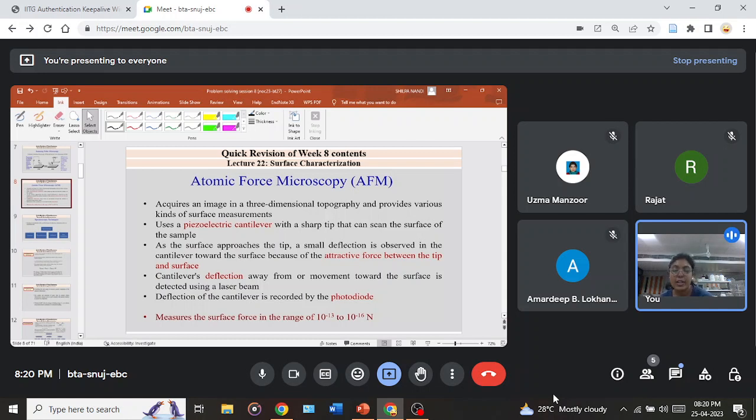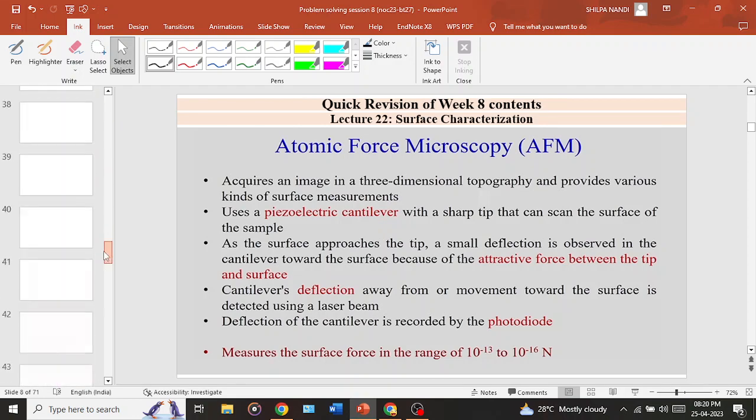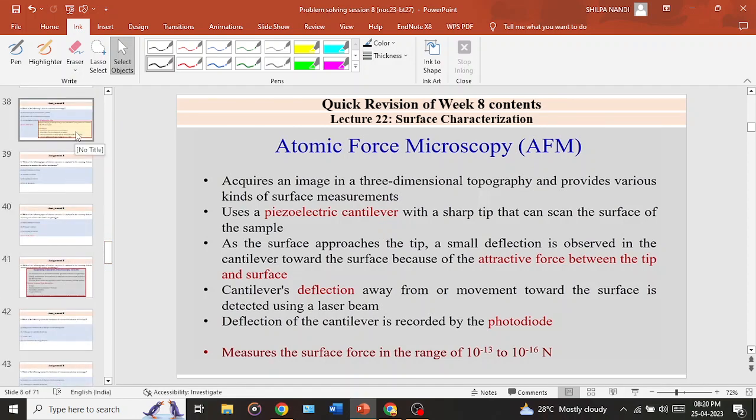There is a point in the lecture which says that it measures the surface force in the range of 10 to the power minus 13 to 10 to the power minus 16 Newton. This is a property that you must remember.